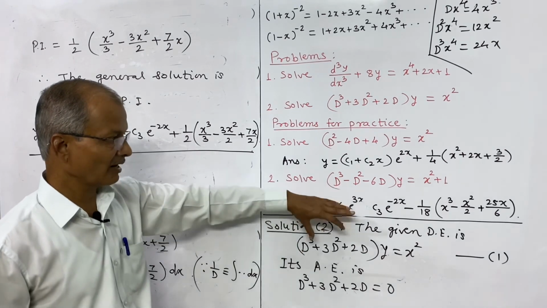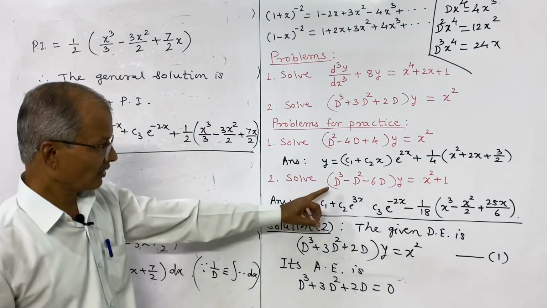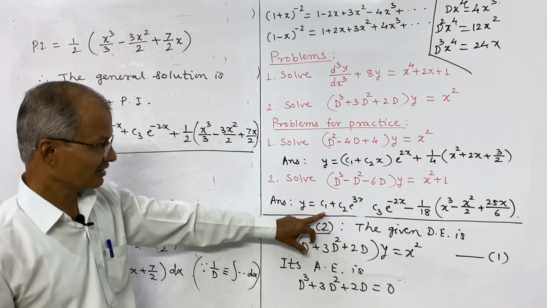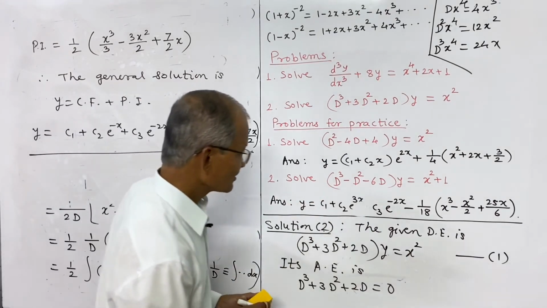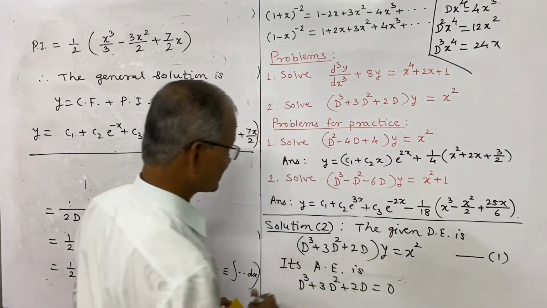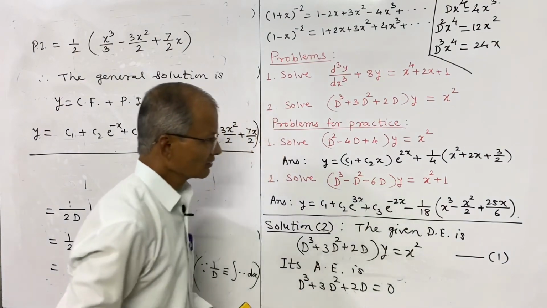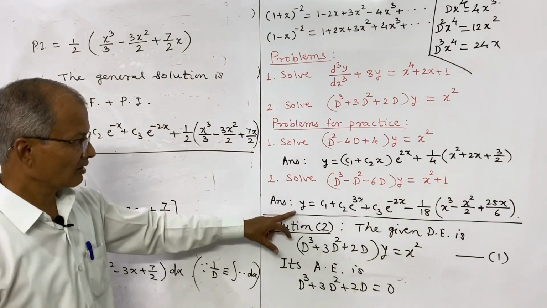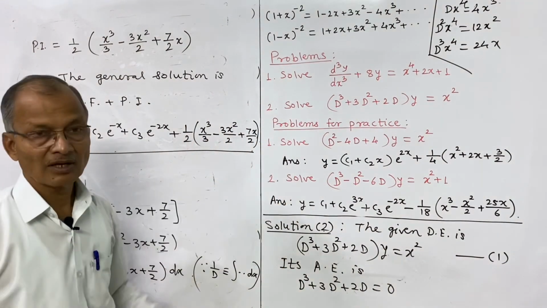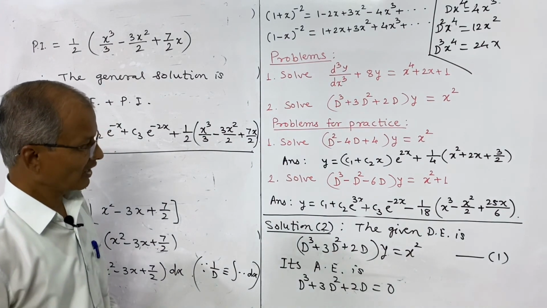Take D common and factorize the remaining terms, and then for this one the answer is like this. So I think here it is plus C1 plus C2. Yes, it must be plus. And so this is the answer for the second and the first. So please work out these problems and verify the answer.